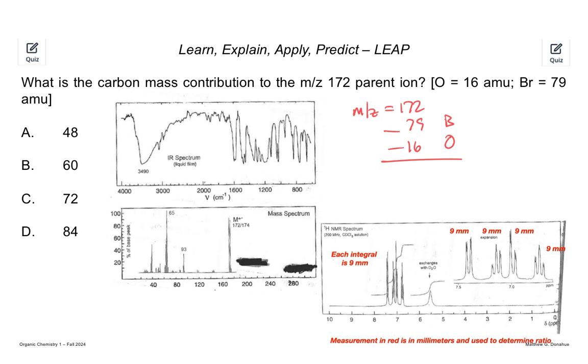So I definitely can't do that in my head. So that's 77. We use 78 for the bromine because we're only accurate. Oh, that's fine.